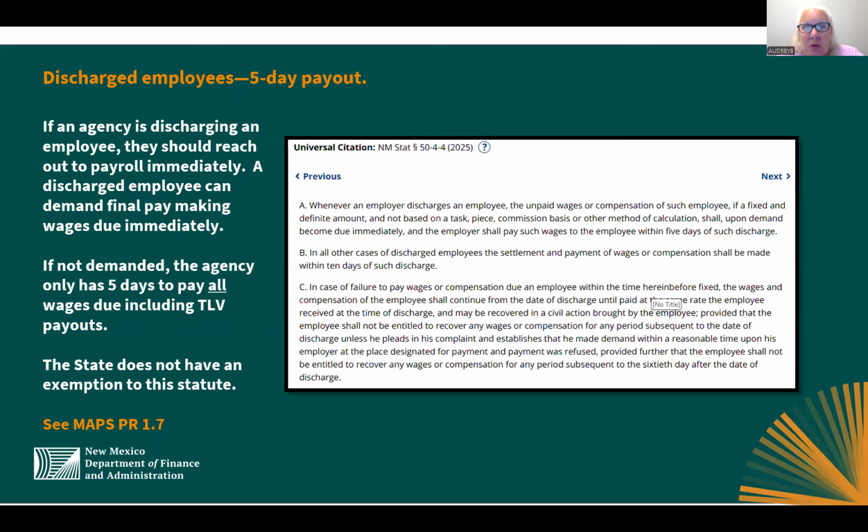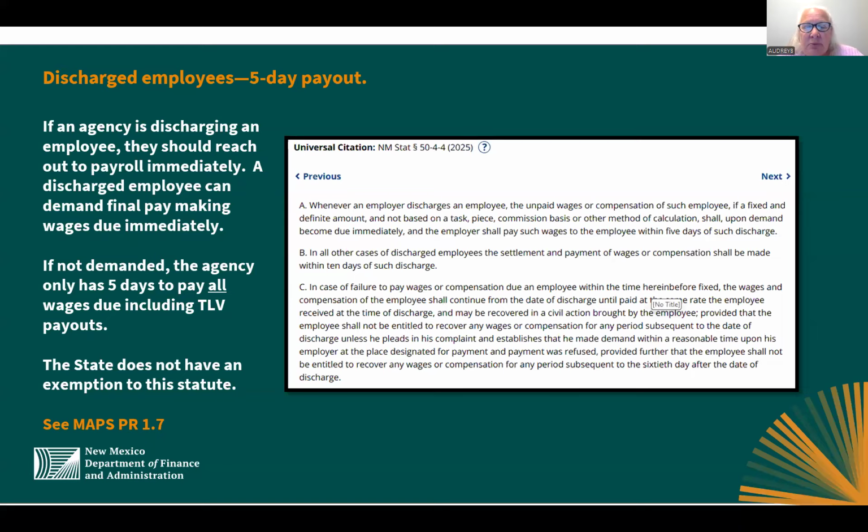So the rule also states that an employee who is involuntarily terminated may demand their final pay, meaning you should be placing that check in their hands by the close of business day that demand was made. If an agency is discharging an employee, they should be reaching out to payroll immediately.